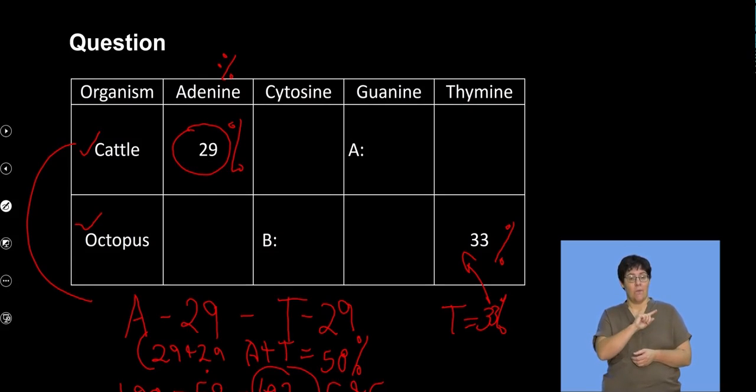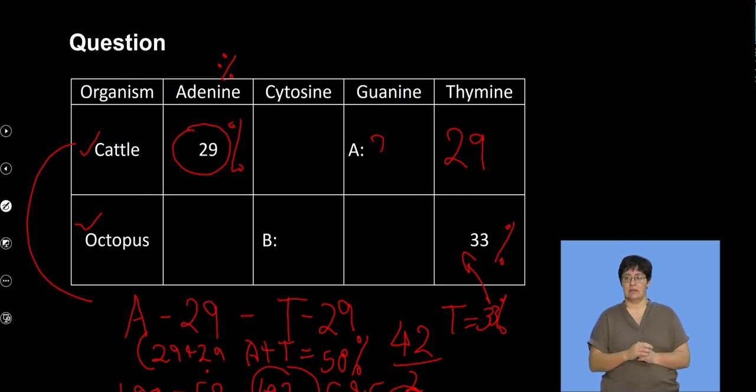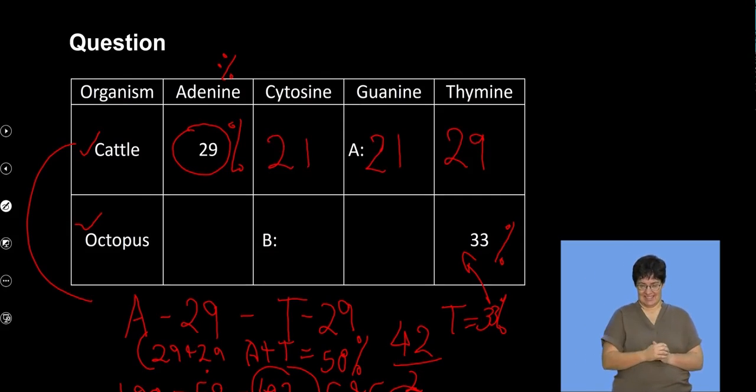Because guanine and cytosine are always equal, we need to distribute that equally between the two. So we would divide that, and each of guanine and cytosine constitutes 21%. So we've worked out that adenine makes up 29%, thymine would be 29%, and guanine and cytosine would make up the balance of 21% each.